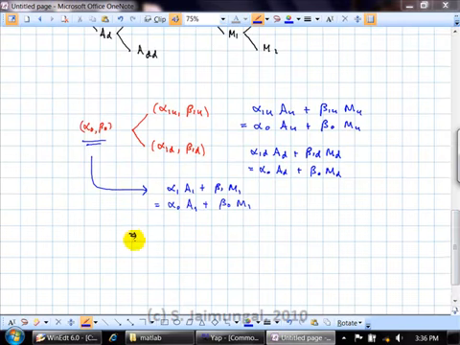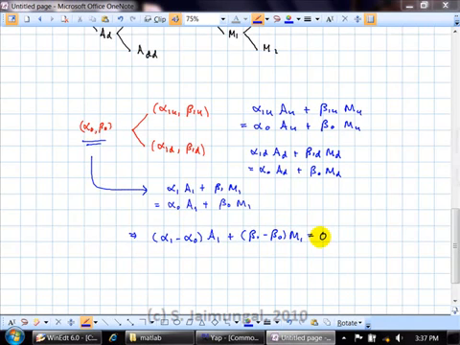And if you rewrite this, you can write it like this. The change in my position times A1 plus the change in the position times M1 must be 0. So in other words, any money that you put in one has to come from the other. That's it. Does it make sense? So this is a self-financing condition.